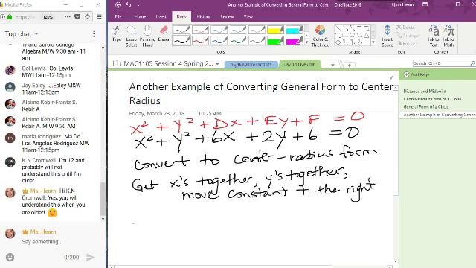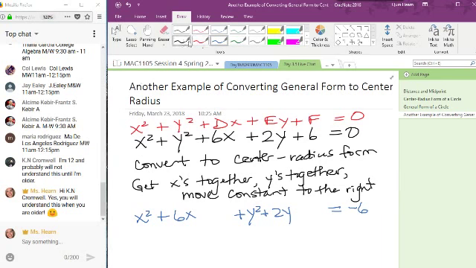Okay, so we're going to have x squared plus 6x, leave a little space, plus y squared plus 2y, leave a little space, and equals, and we're going to subtract 6 over, negative 6.